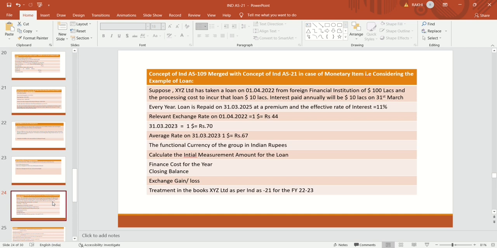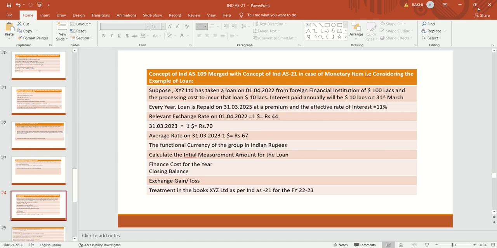Interest paid annually will be $10 lakhs, to be paid on every 31st March every year. The loan is taken in 2022, and after 3 years the loan is to be repaid, that is on 31st March 2025. Loan is repaid at a premium and the effective rate of interest will be 11%.